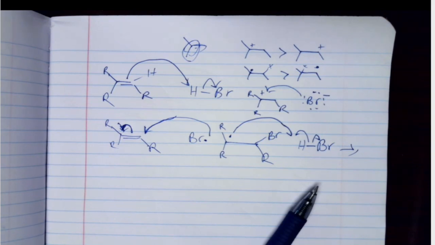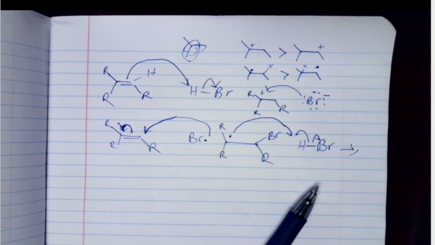In electrophilic addition, the pi bond attacks the hydrogen. The negative pi bond attacks the hydrogen. And then the bromine adds. In our radical mechanism, the bromo radical attacks the pi bond, and then the hydrogen adds.